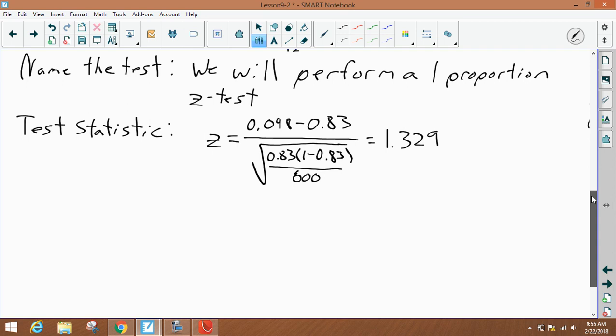Yeah, but isn't this supposed to be the statistic minus the parameters? So 0.83 minus 0.098. Yeah, because the statistic minus the parameter was the standard deviation. So our statistic is the proportion that we got from our sample.